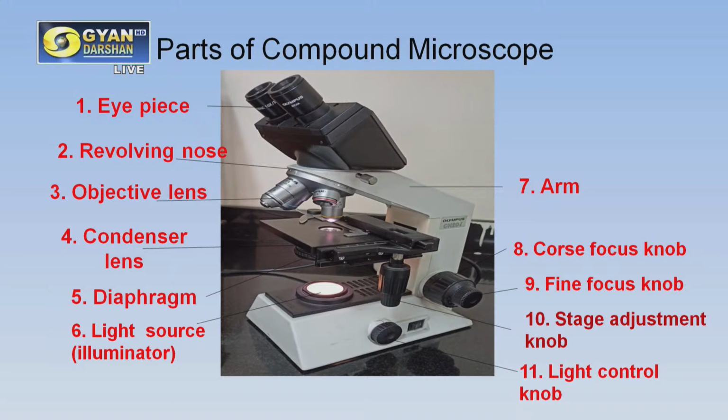The stage adjustment knob moves the slide near the objective lens. And the 11th part is the light control knob, which increases or decreases the light intensity at the level of the light source. So these are the 11 basic parts of the microscope.